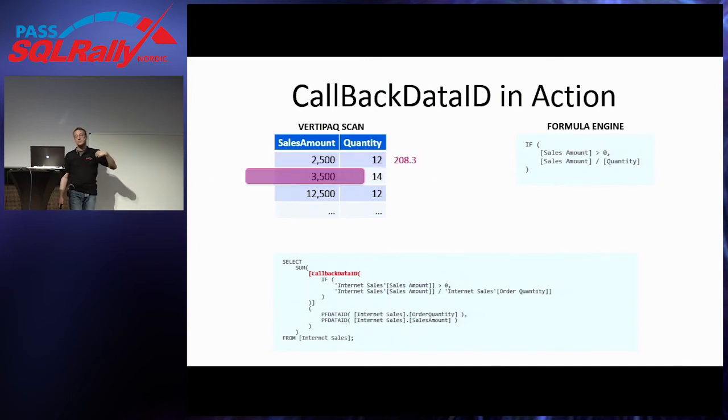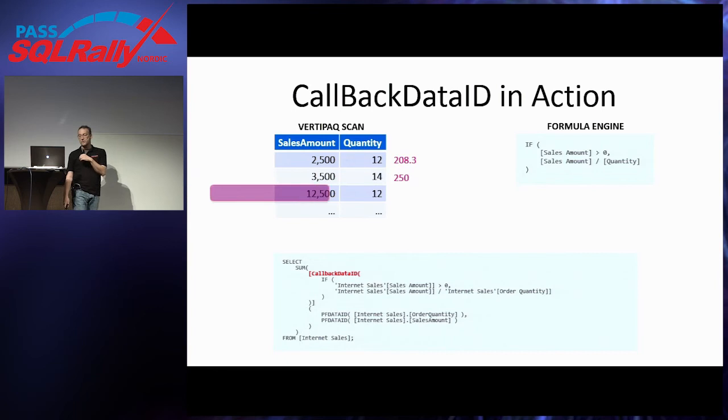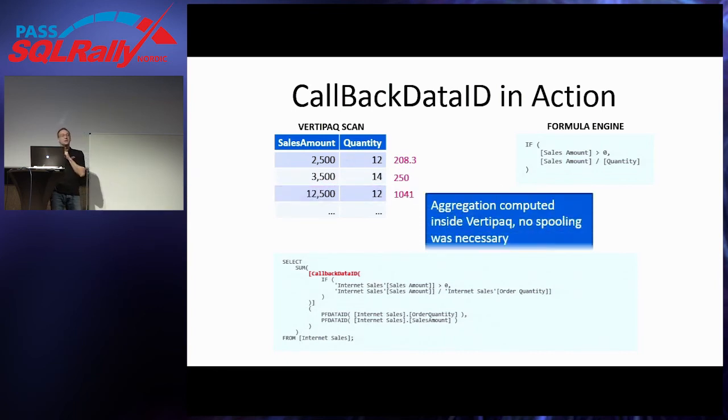Then it goes on the second row, does the same operation, grabs the result, and puts it aside, does it for the third row, does the computation, and does the final sum. So the aggregation is computed inside the VertiPaq engine. There is no memory usage, but there are many instances of the formula engine being called by the storage engine.